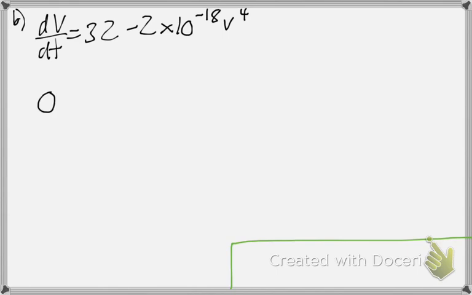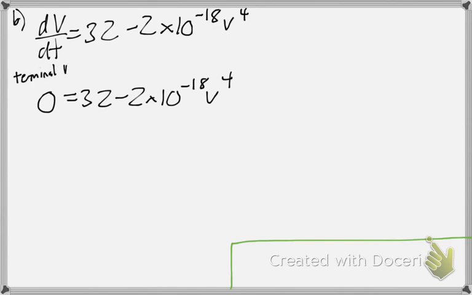So I'm going to set this equal to 0, and I'm setting this equal to 0 because they said terminal velocity. Okay, so I'm going to solve for v here.